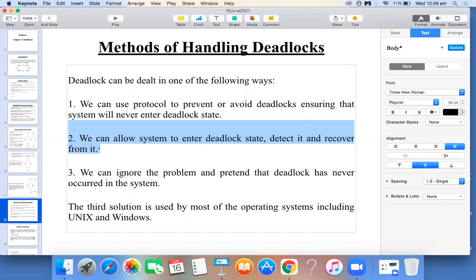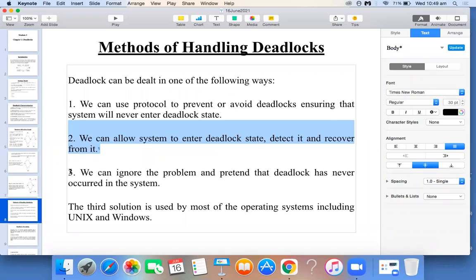That is the second way of handling the deadlock situations. Am I clear with this? First, we can use the protocols to prevent or avoid the deadlock situations. Second, we allow the system to enter the deadlock state, detect where deadlock has occurred, and try to recover from deadlock. That is the second method.